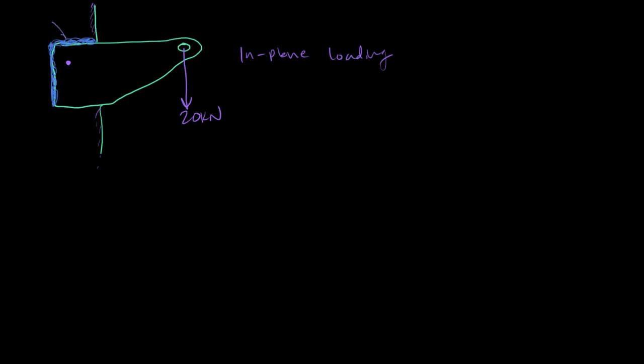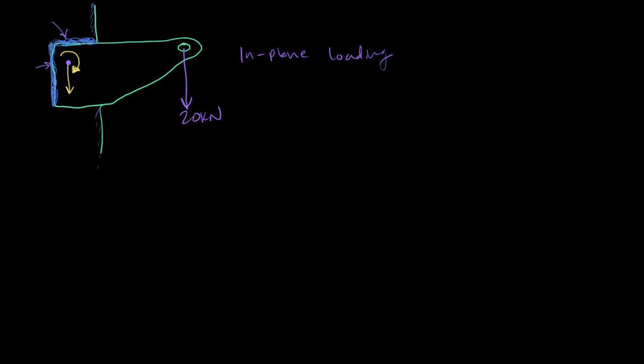So this weld on the top plus this weld on the side is a weld group, and there's going to be a centroid of that group, and essentially you move this 20 kilonewton load over to that location and make an equivalent load and an equivalent torque at that position, and then you can do the analysis on the welds. But what you have to do is move that into the plane.